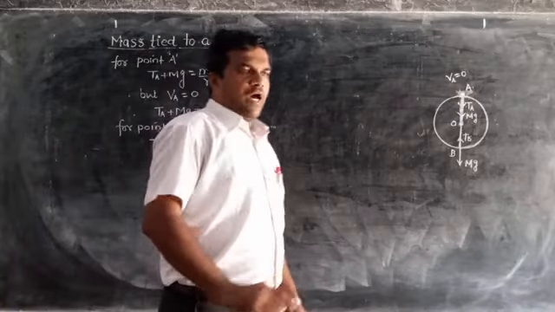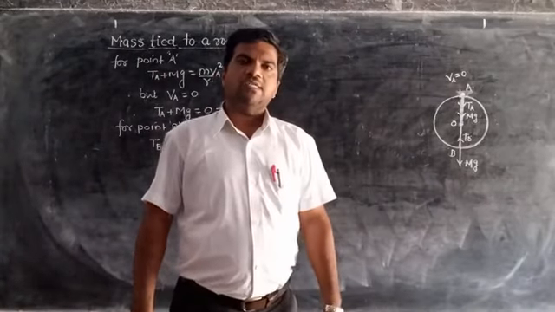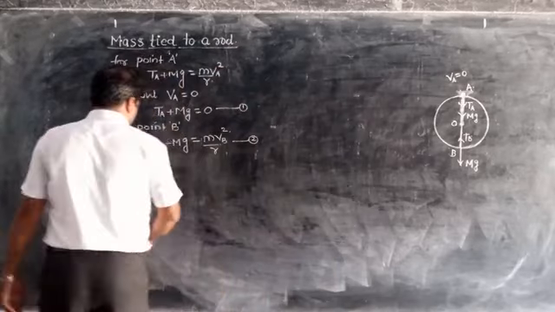Now we have to derive the formula for velocity at the bottom or lowest point.